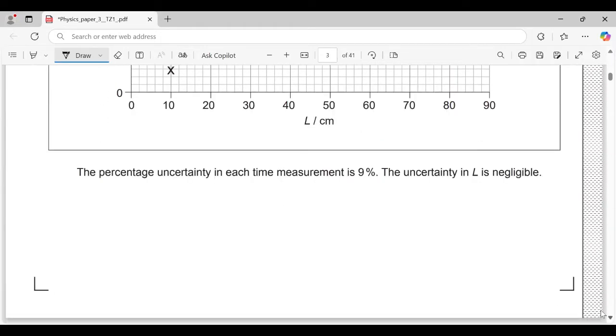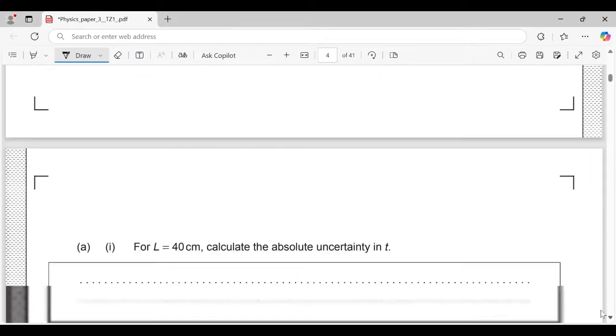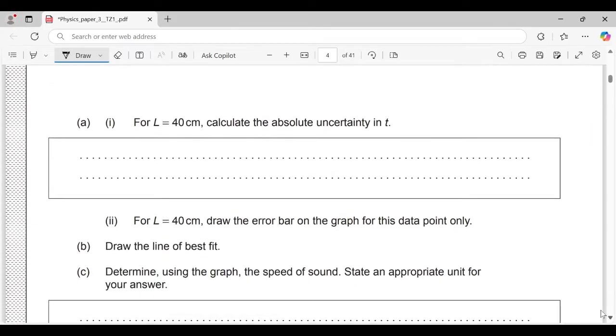The percentage uncertainty in its time measurement is 9%. The uncertainty in L is negligible. Question A. For L equal 40 centimeters, calculate the absolute uncertainty in t. I would like to use the symbol delta t for the absolute uncertainty.